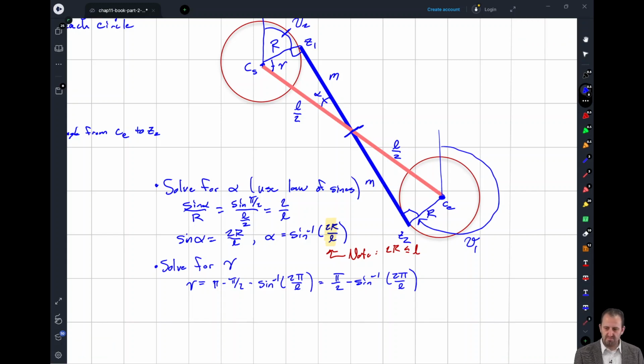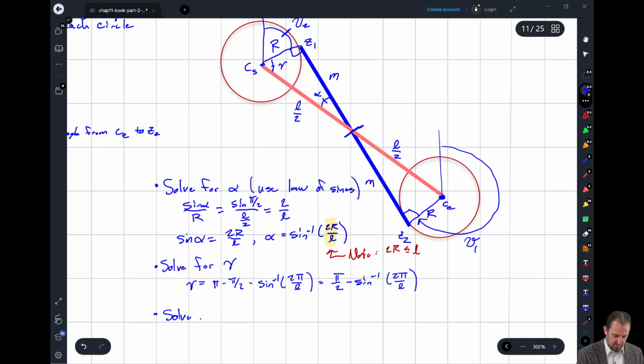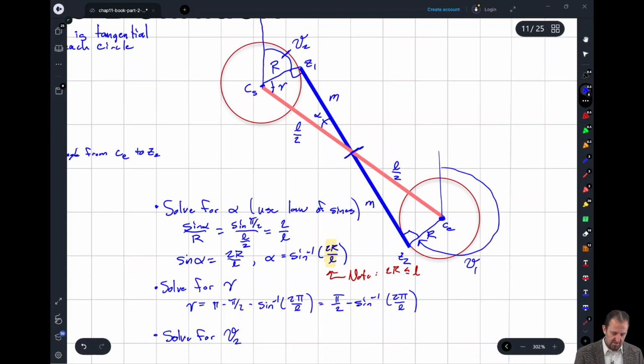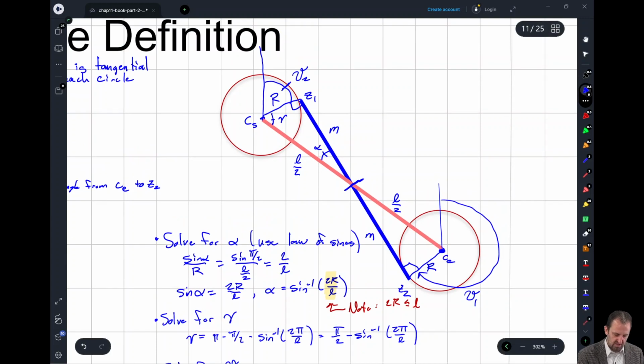Okay, so let's look at var theta 2 and solve for it. We have this nice relationship between var theta 2 and gamma, and we still have the angle from the north to the line between our center points, that we define as var theta.